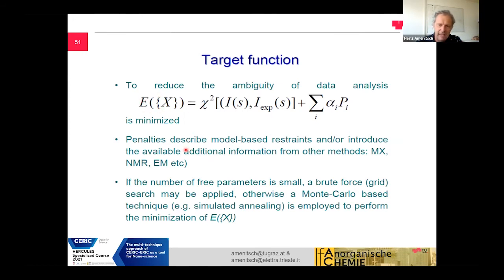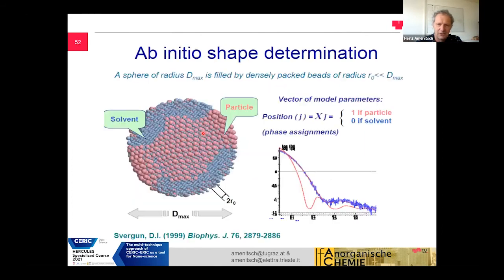So you have some penalty functions which add this additional information, and then you're not modeling just chi-square, but you're modeling on the whole functional system with these penalty functions. A simple and very impressive case is the ab initio shape determination. This is something we will try to run also tomorrow at the experiments and see how far we can go.